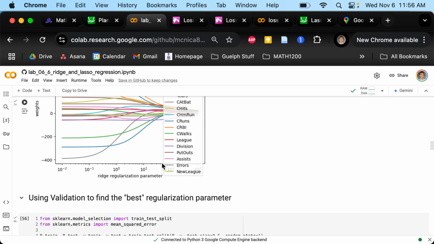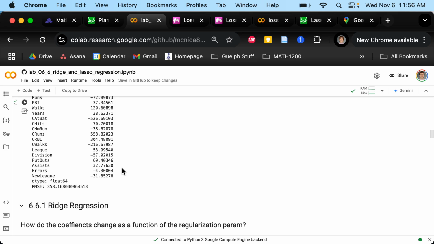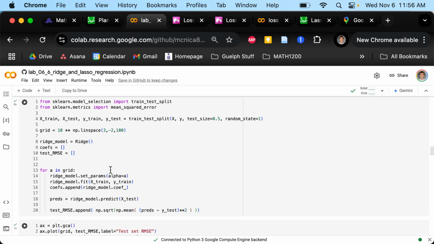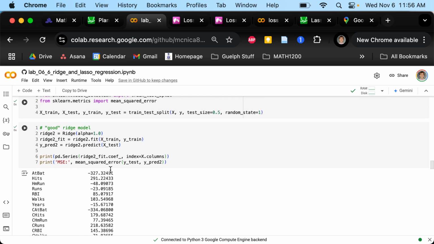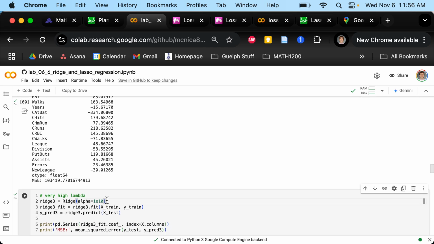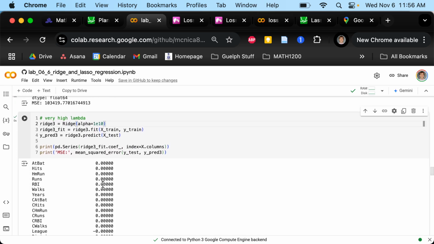And I think I have even some things printed out. This is simple linear regression. Trying different parameters. So here is alpha equals 1, and here are all the coefficients. Here is alpha equals 1 times 10 to the 10. This is some crazy thing, and they're all very close to 0.